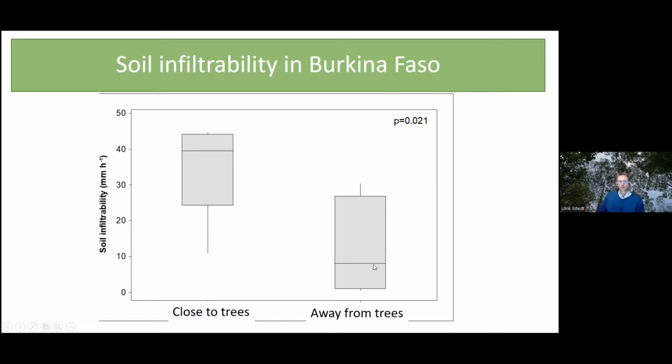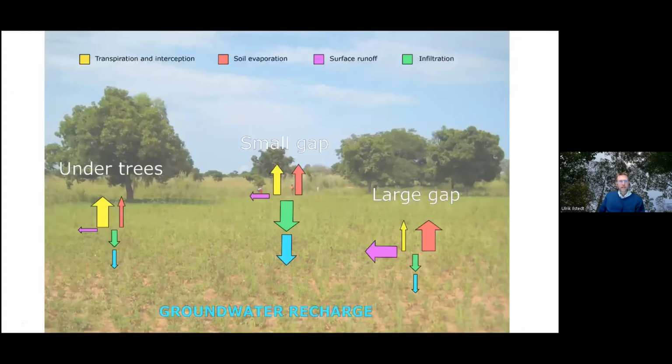So much lower than the general rainfall intensities. And the difference here is about 4 or 5 times, just like this picture we got from the reviews.